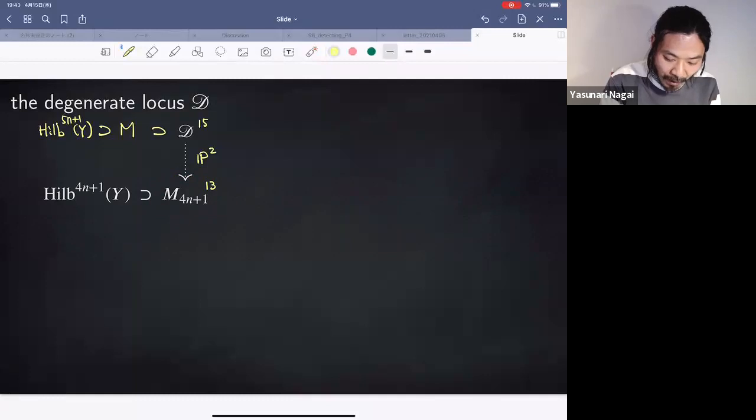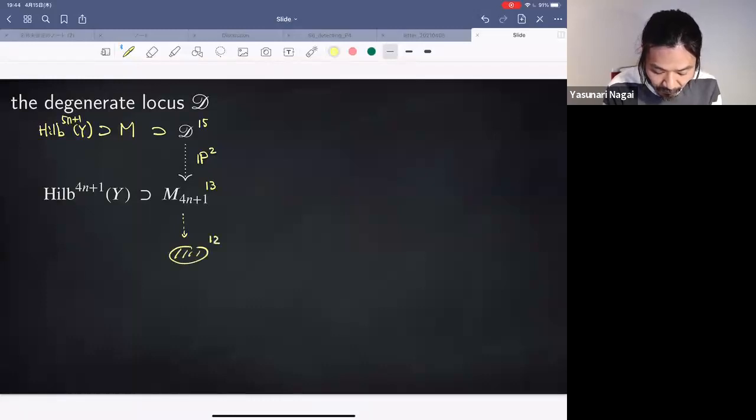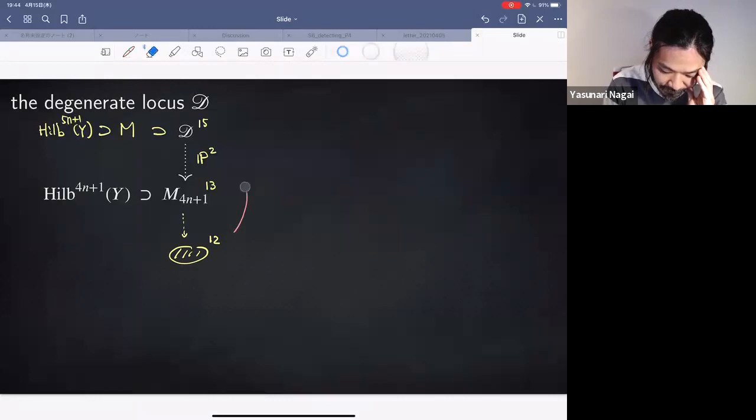So we can further divide by this null foliation to get a space of dimension 12, and here the two form becomes symplectic. Sorry, this was 16 dimensional.